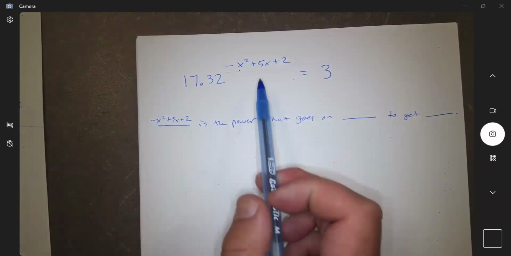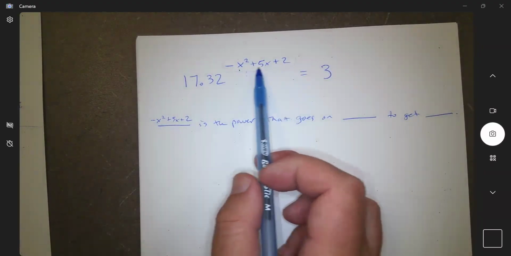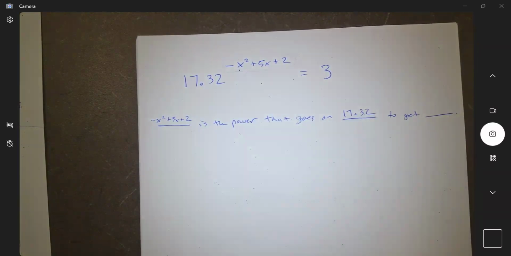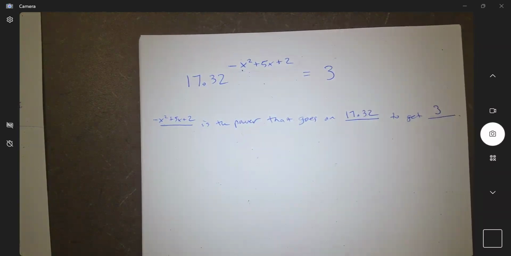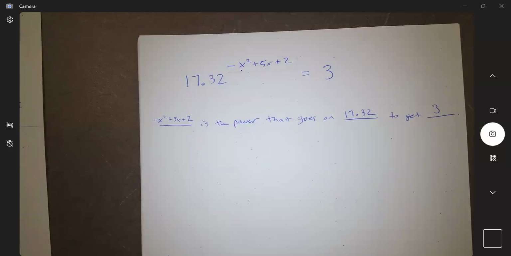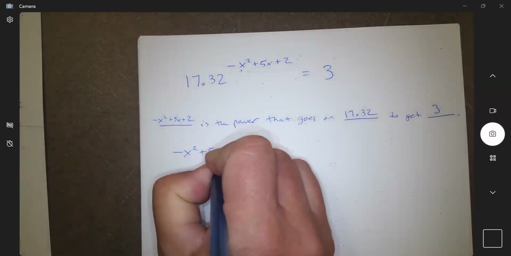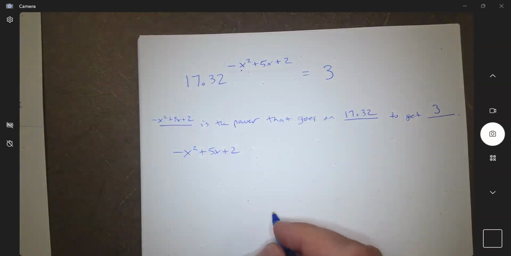And what does it go on? What's this power going on? Exactly, 17.32, and it gives me 3. And now I can write that as a logarithm, even though it's a super confusing, nasty logarithm, it'll still be a logarithm, and that's my goal. Minus x squared plus 5x plus 2, that one's the power.